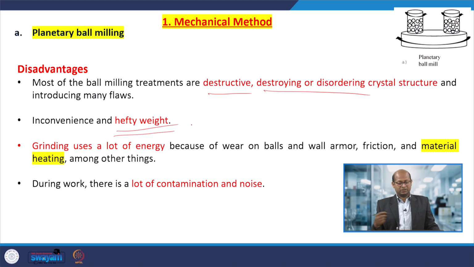The system's weight is very high, and grinding uses a lot of energy, meaning that when the process is continuous you always have to run the bowl rotations. So the electricity cost is high, and heat loss is there; materials will be heated up during ball milling, which is also an energy loss.